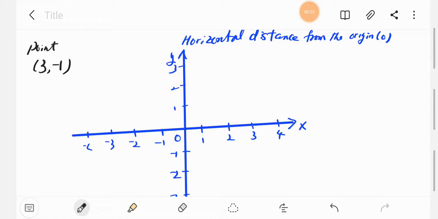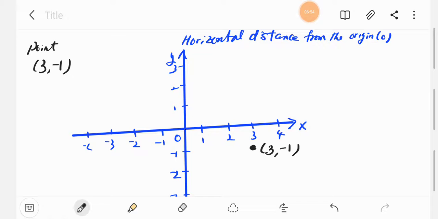So 1, 2, 3. And then -1 means 1 unit below, vertically. So 1 unit vertically down. So this is the point (3, -1). Can you see it? Go 3 units horizontally, and then 1 unit vertically. Minus means go down, plus means go up.